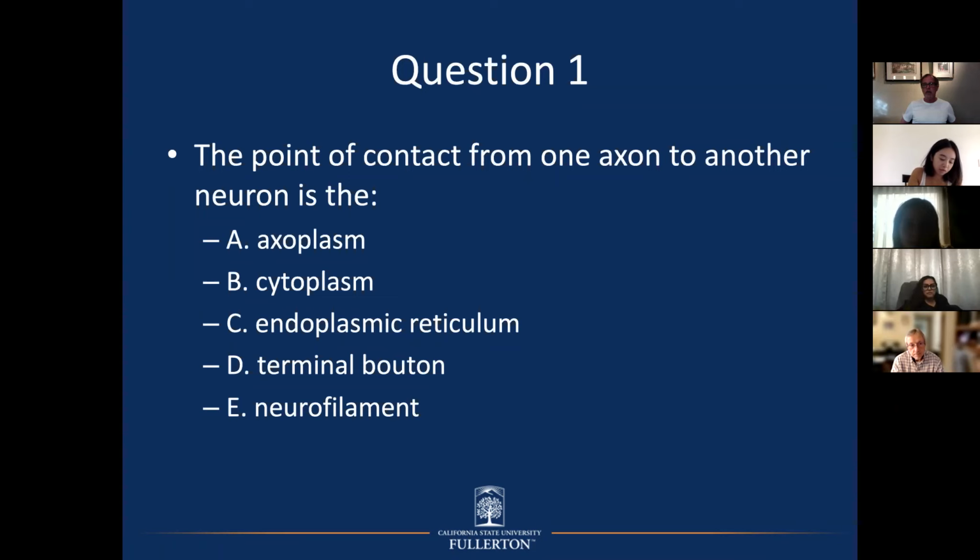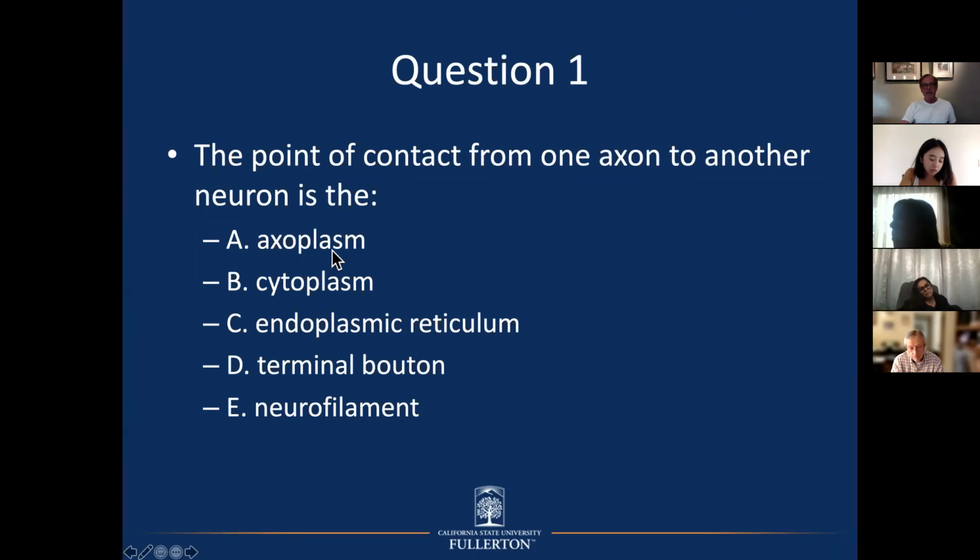You could also say a point of contact would be the postsynaptic membrane. You need a presynaptic membrane, you need a postsynaptic membrane, you need a bouton. And so of the things that are here, that's a point of contact from one axon to another. Make sense now?